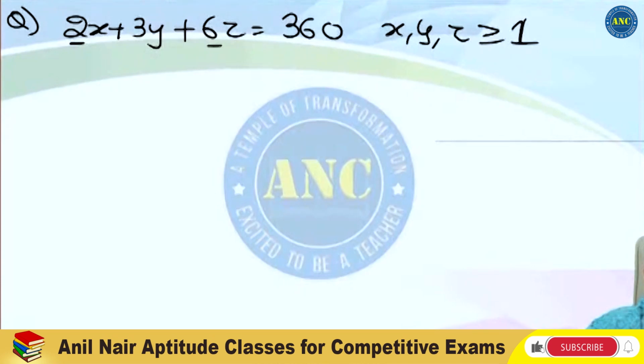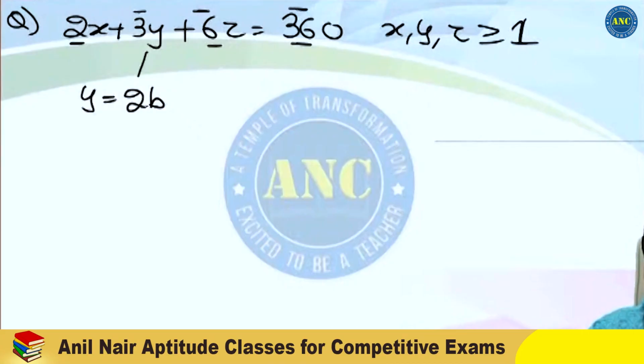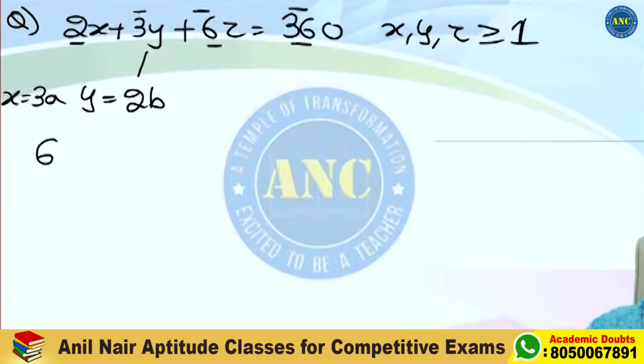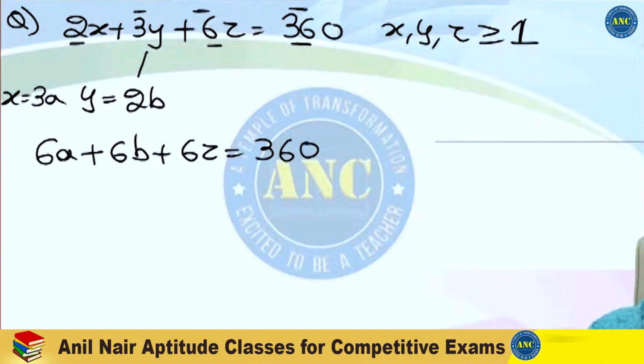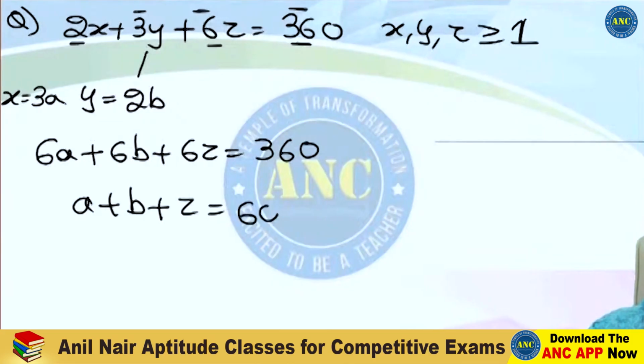Even number, even number, even number: y will be an even number. Multiple of 3: x will be a multiple of 3. So this is nothing but 6a plus 6b plus 6z equal to 360, so a plus b plus z equals 60.